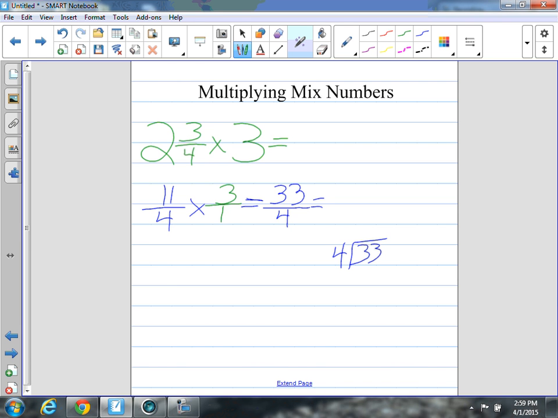How many times can 4 go into 33? 8. 8, with a remainder of 1. So it gives me a fraction, 8 and 1/4. That's my final answer. Okay, remember that because I'm going to show you a second method.